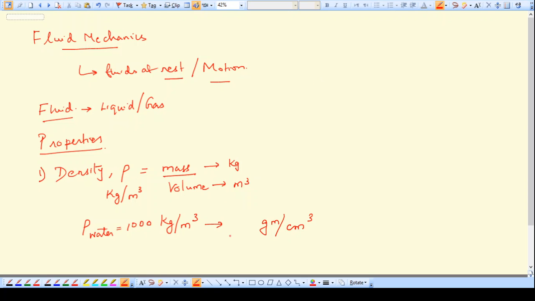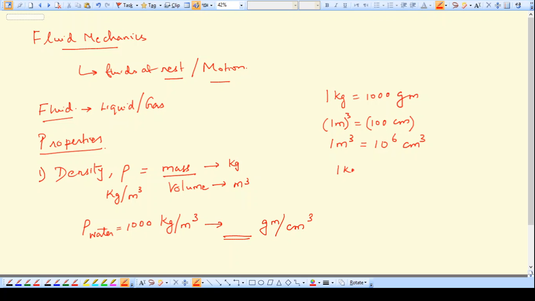So how can you write it? 1 kg is equal to 1000 grams and 1 meter is equal to 100 centimeter. When you take cube on both sides, you will get 1 meter cube is equal to 10 power 6 centimeter cube.